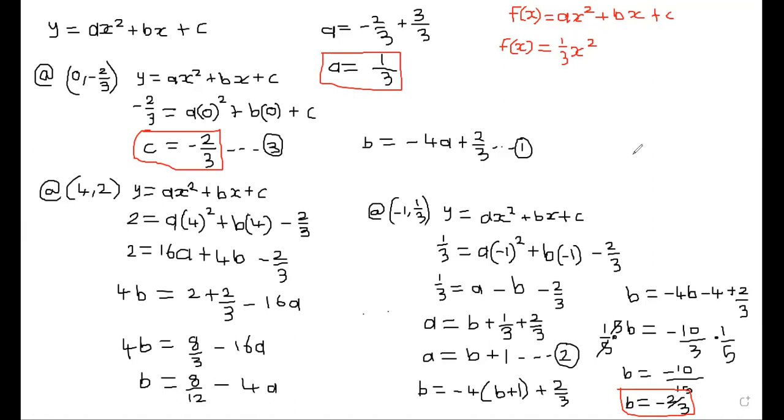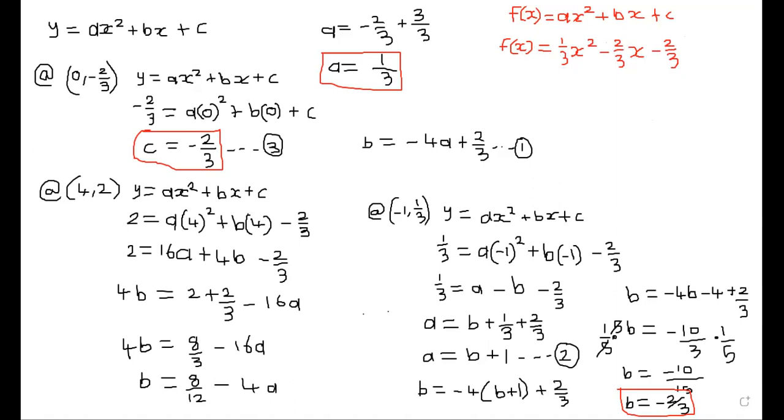B is negative 2 over 3. So plus negative will mean negative 2 over 3x. Plus c. What is c? C is negative 2 over 3. So plus negative 2 over 3. So this is our equation for f of x.